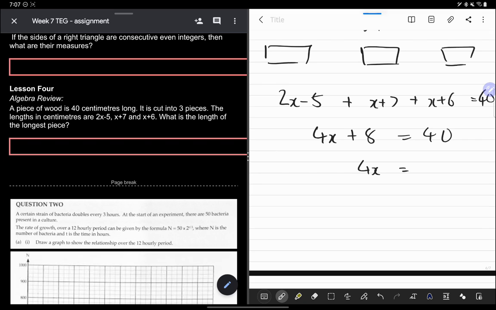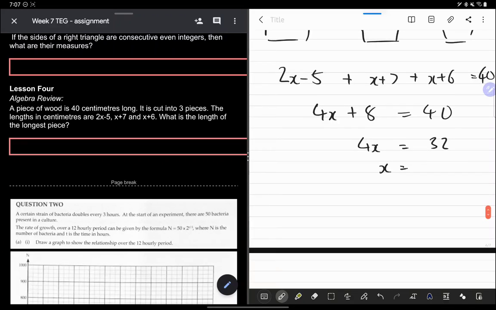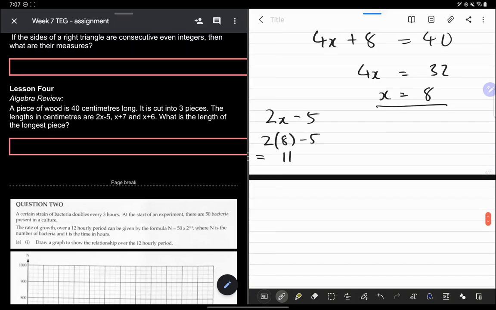Silly me. If I subtract 8, that's just 32. And I divide that by 4, I get 8. Right, that's much better. Okay, cool. Now this becomes 2 times 8 minus 5, which is 16 minus 5, that's 11. That's that piece.